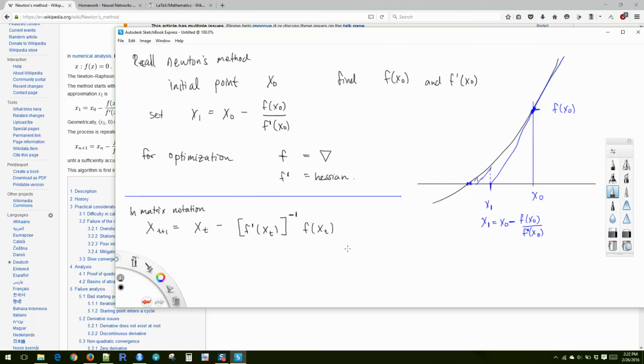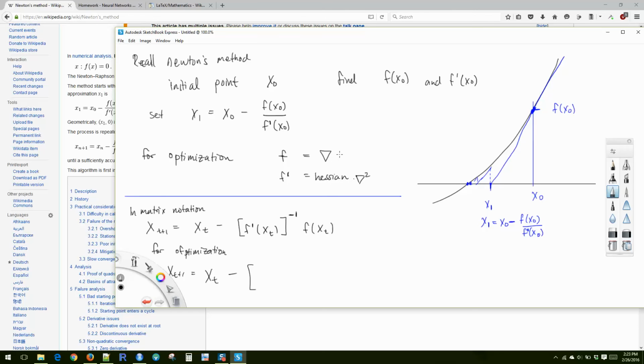Okay, so for optimization, x at time t plus 1 is going to be x at time t minus, so you can think of the Hessian, and the gradient and the gradient squared.